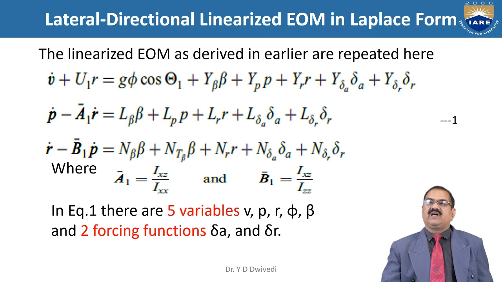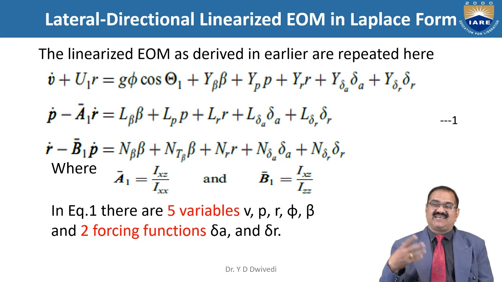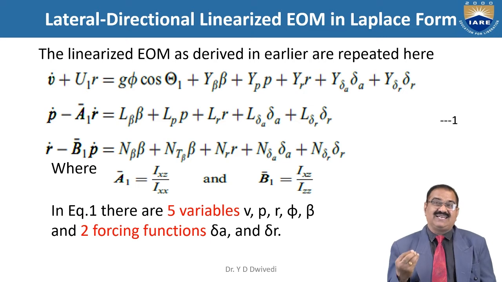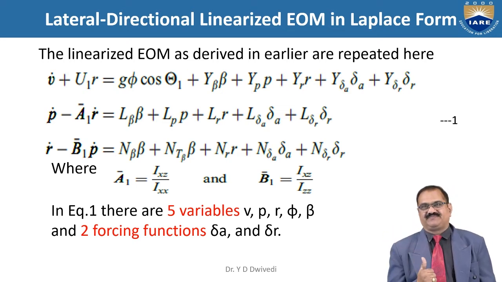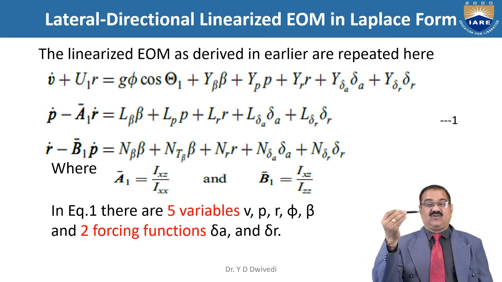Now these are the equations we have already derived in our previous classes. I am just repeating here to understand what equations we have derived. These are the perturbed equations of motion in lateral and directional. In lateral and directional, we have one force and two moments. The force is sidewise in the y direction.